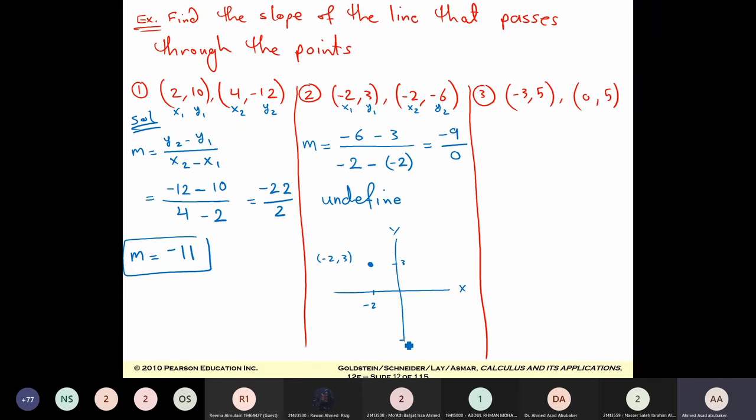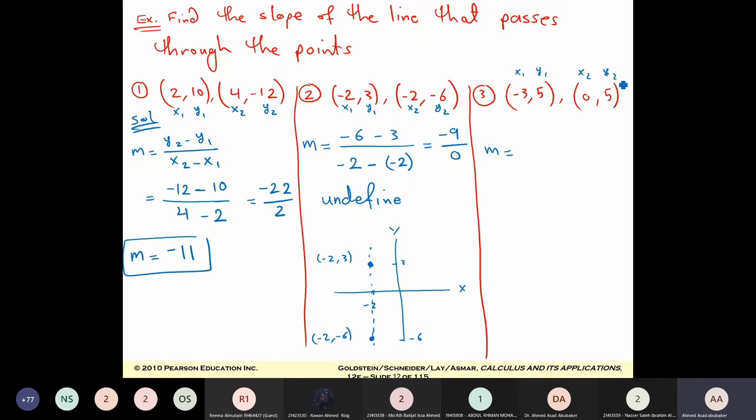And at 6, another point, (-2, -6). Look at this line. This is vertical. A vertical line has undefined slope.